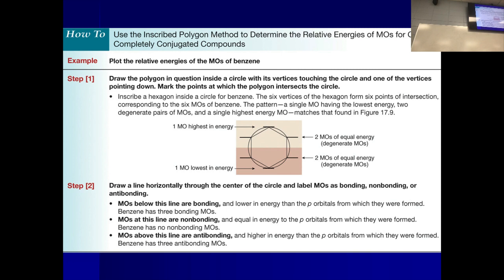For benzene, it's C6H6, it's got 3 double bonds, so how many electrons? 6. There's 6 electrons. So where would I start putting those electrons? At the bottom, right? So I've got 6 pi electrons that I have to take into account, so I'm going to put 1 here. Where do I put the next one? Do I put it here or do I go up here? What do we do?